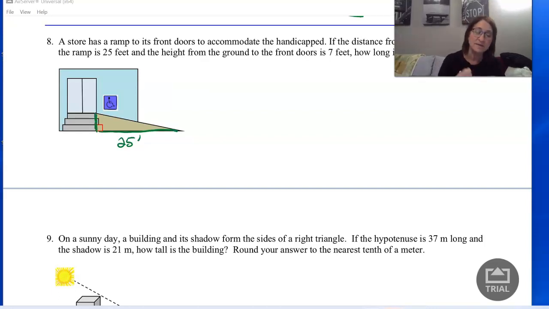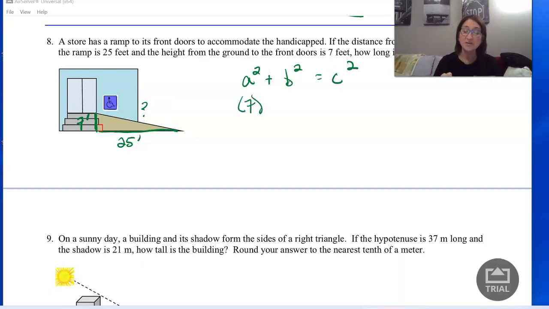So right here, that's 7 feet. What we want to know is the length of that ramp. That ramp is our hypotenuse. So if we set this up using a squared plus b squared equals c squared, that's going to be 7 squared plus 25 squared is equal to c squared.